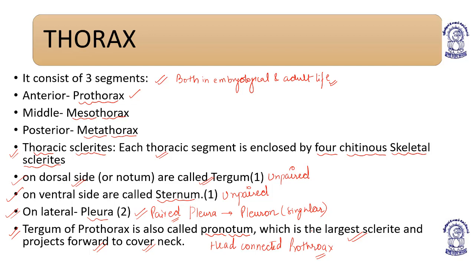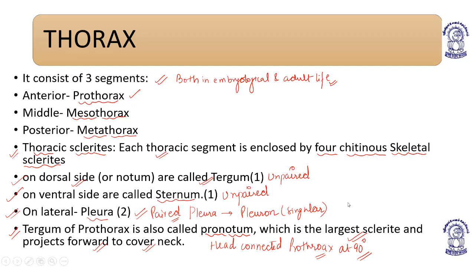The angle between head and thorax is 90 degrees. So the largest sclerite is pronotum. The tergum of prothorax is called pronotum, which is the largest sclerite, and it projects forward to cover the neck.